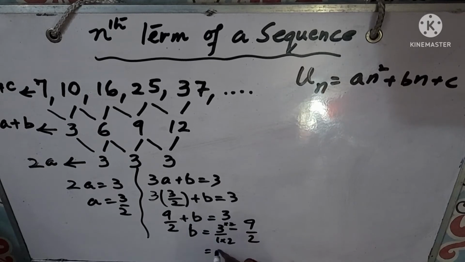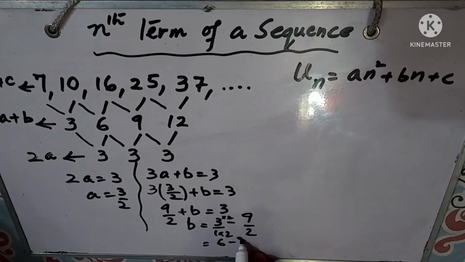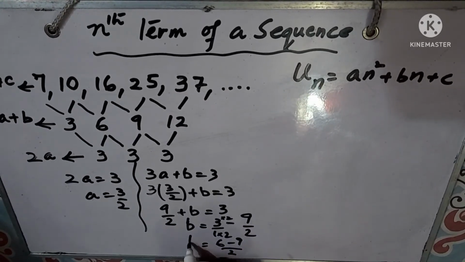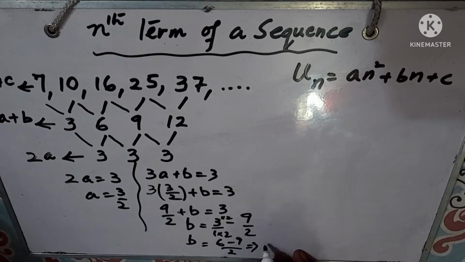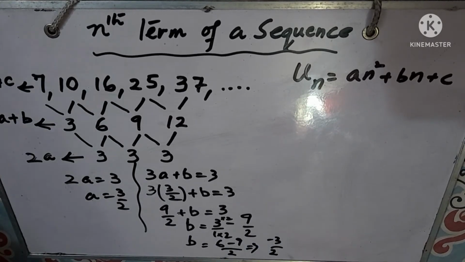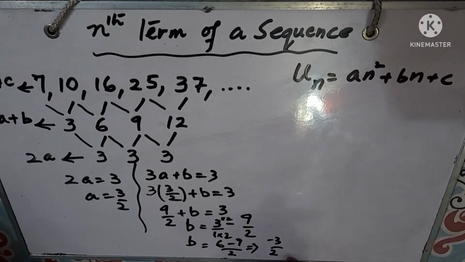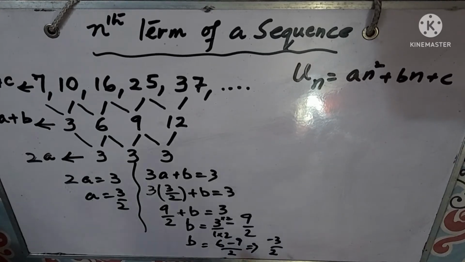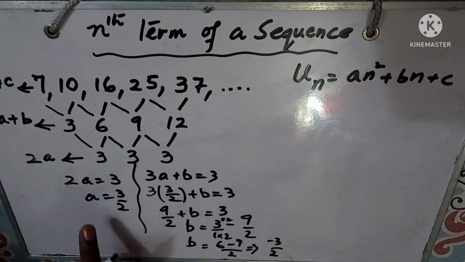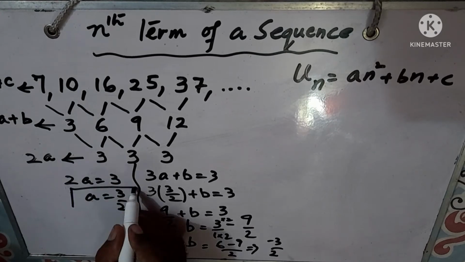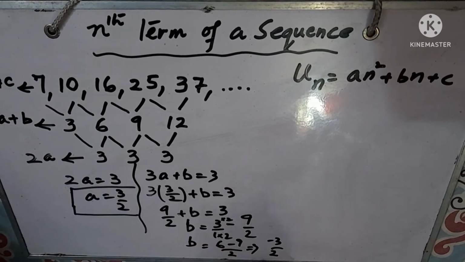So this will become 6 minus 9 upon 2, and this is my b value, minus 3 upon 2. Once I have my b value, then I'll use my a and b values to find my c value.